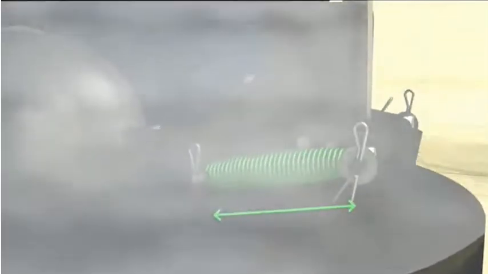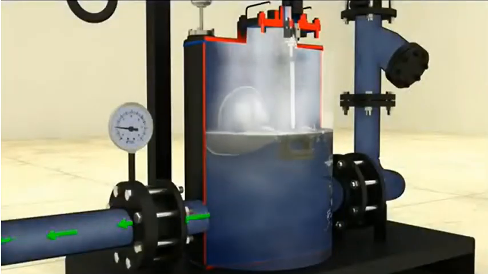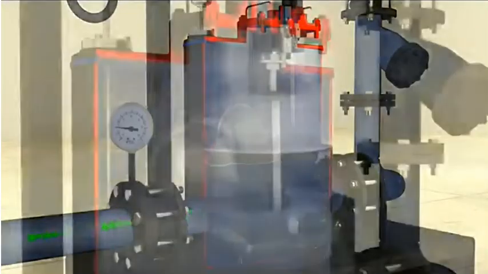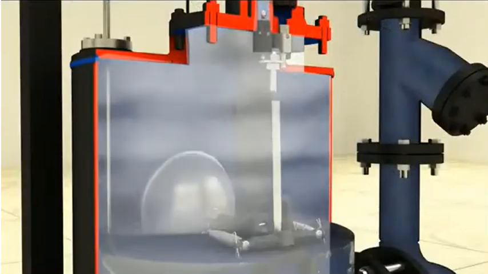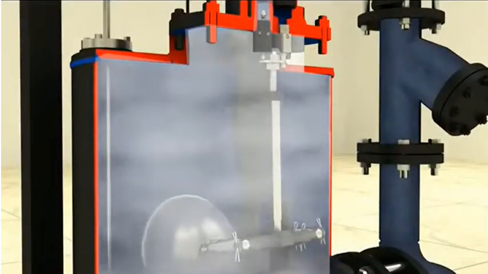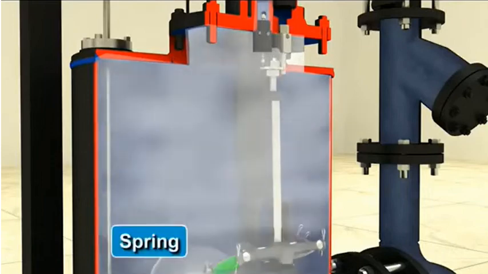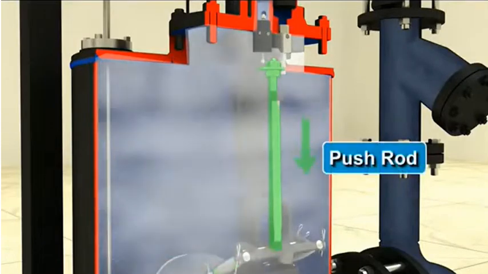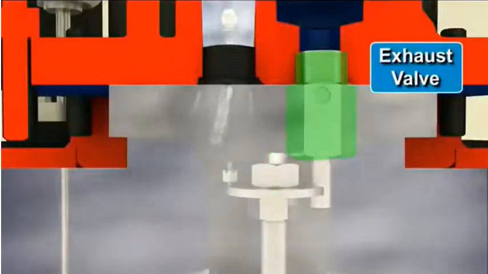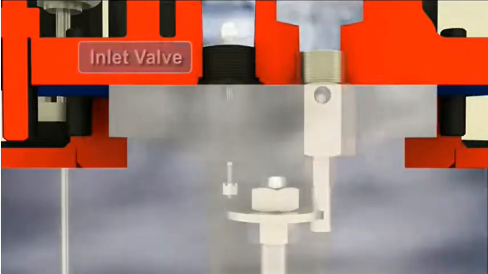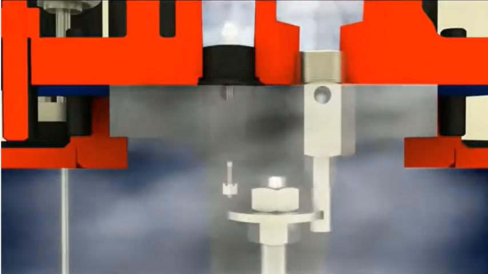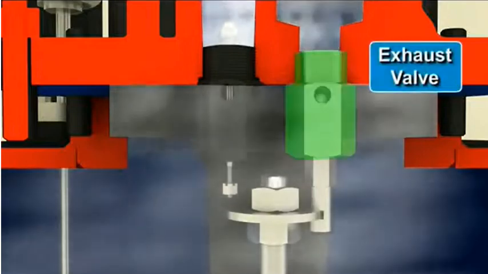As the condensate level in the pump body falls, the float is lowered, as you see in the animation, and the mechanism linkage is engaged, which again increases the tension in the spring that pushes the rod downwards and opens the exhaust or vent valve to release the steam flash available in the pump.